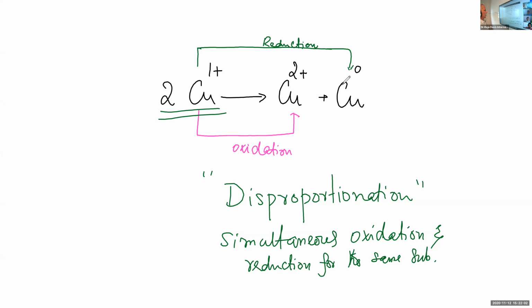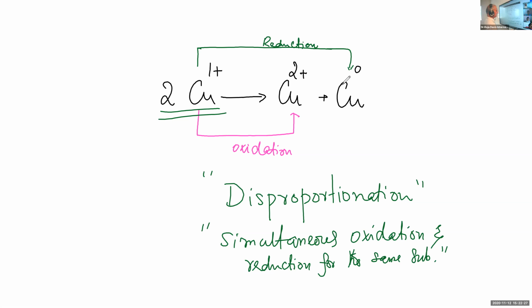So Cu plus 1 giving Cu plus 2 plus Cu0. Then you show the reduction and oxidation. Then you write disproportionation.